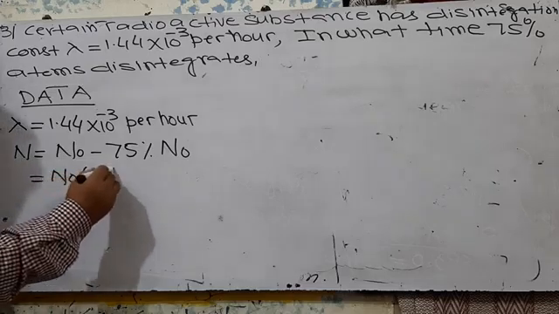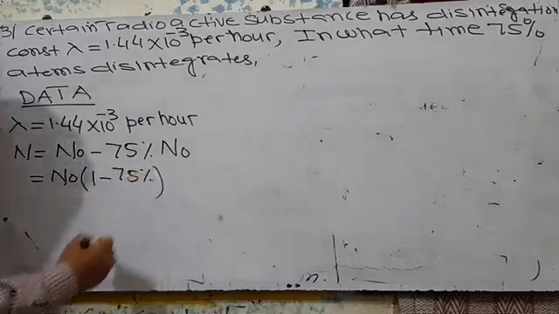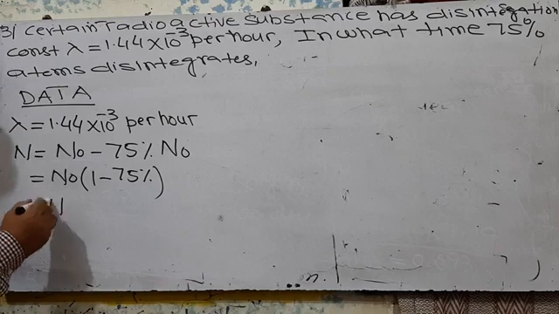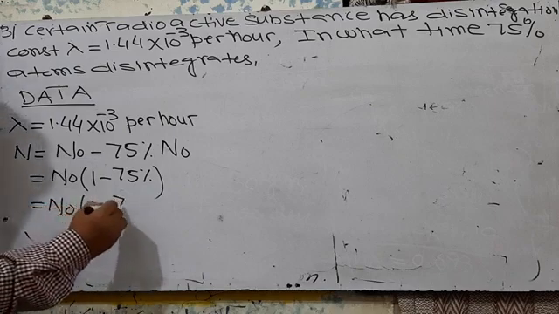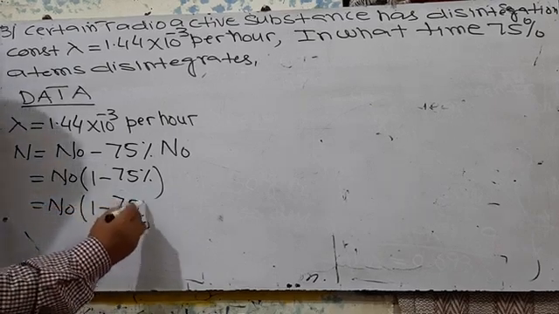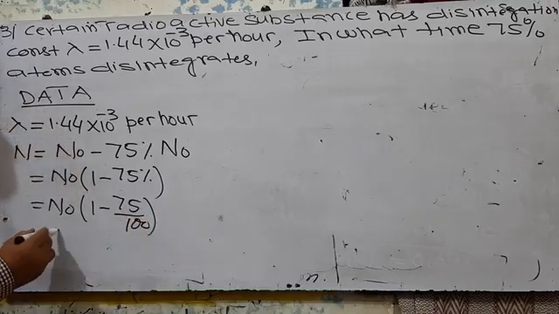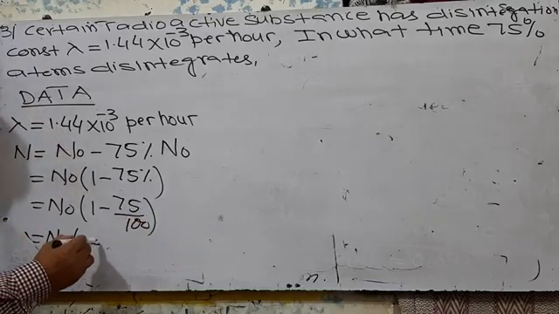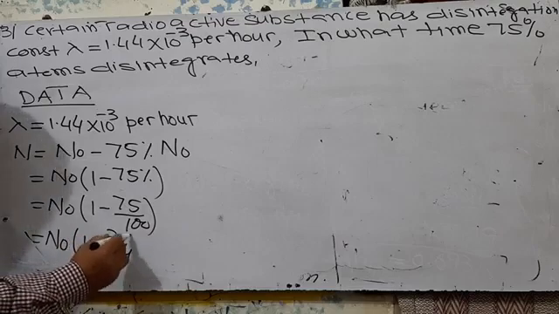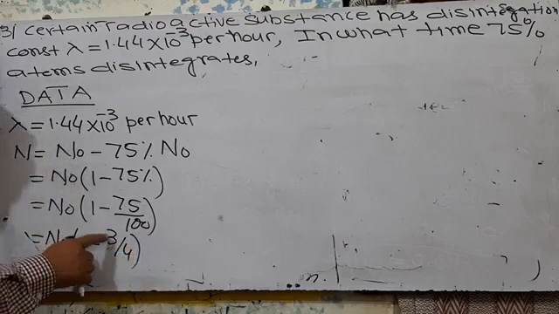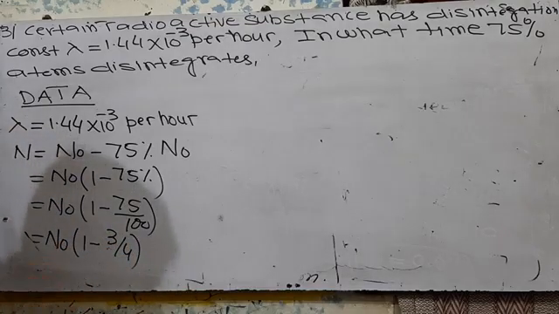We have 1 minus 75%. So N is equal to N0 into (1 minus 75 upon 100), or N0 into (1 minus 3 upon 4). 1 minus 3 upon 4 will be equal to 1 upon 4.